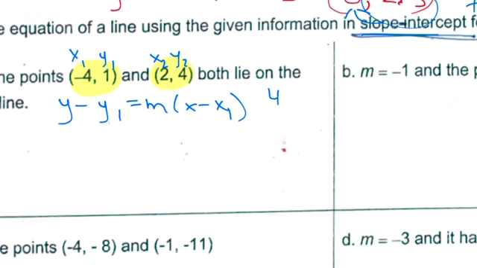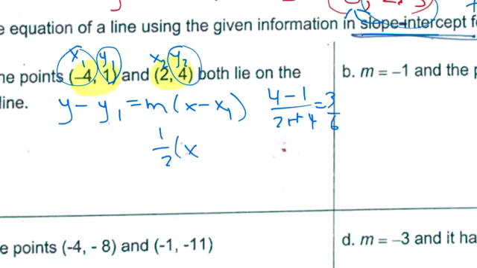It's 4 minus 1, those are your y's, over 2 minus a negative 4, add. So you get 3 over 6, or a half. So we use a half times (x minus x sub 1, which is negative 4). So that's a plus 4, right? Equals y minus y sub 1, which is 1.